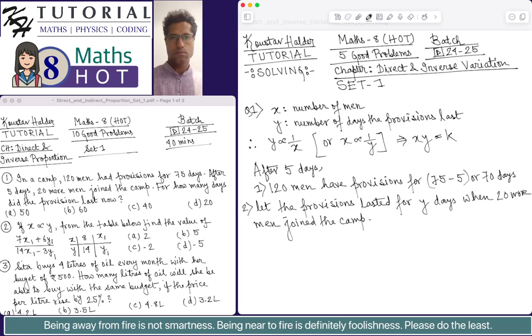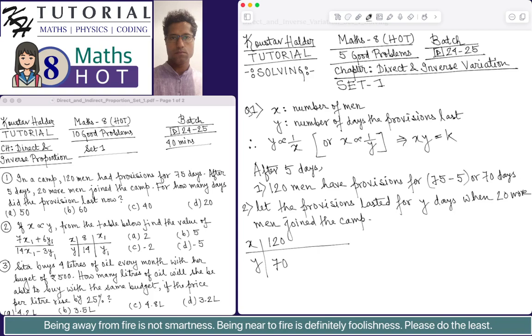Now if we create a table of the quantities x and y, these data are all based on after the 5 days. So first we have that 120 men have provisions for 70 days. So we can write 120 as the quantity x and 70 for the quantity y.